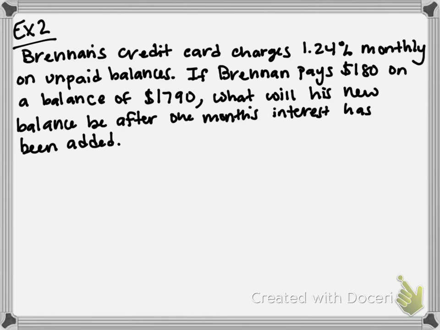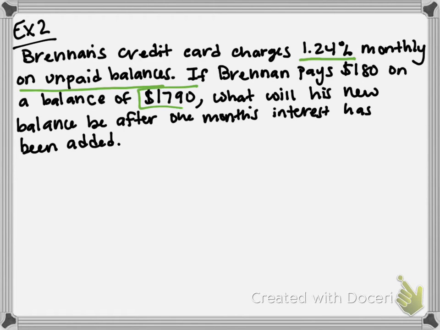All right, example 2. Brennan's credit card charges 1.24% monthly on unpaid balances. If Brennan pays $180 on a balance of $1,790, what will his new balance be after 1 month's interest has been added? So we know he gets charged 1.24% on unpaid balances.